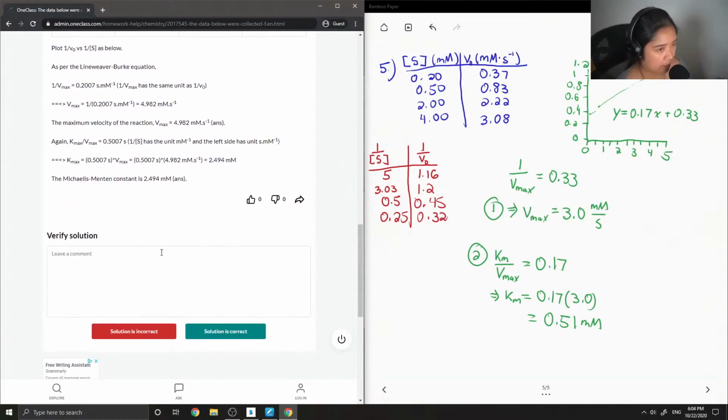I'm just gonna correct them and say the equation of the line should be y is equal to 0.17x plus 0.33.